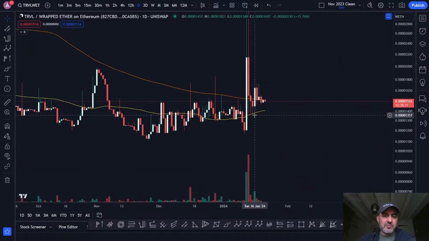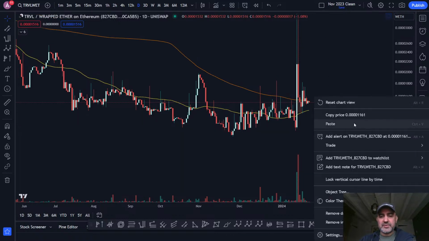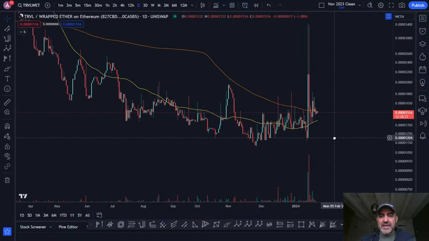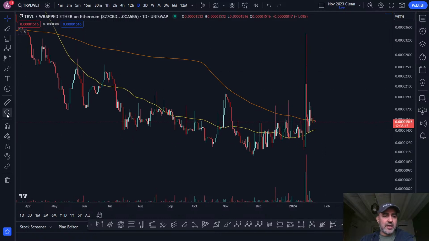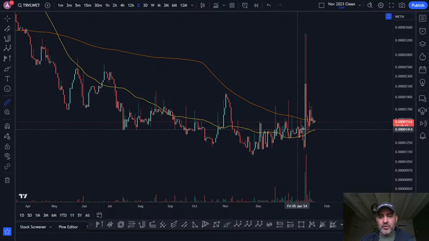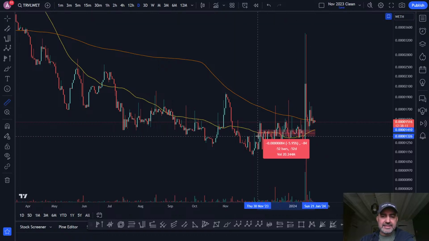We're above the 50 moving average, and it's the same kind of idea that I had with the USDT price chart with TRVL. I have it in my mind that we're going to form a golden cross on this too, and I see that with Bitcoin. If I go back 50 periods, I can see that we're losing bars from this candle onwards.